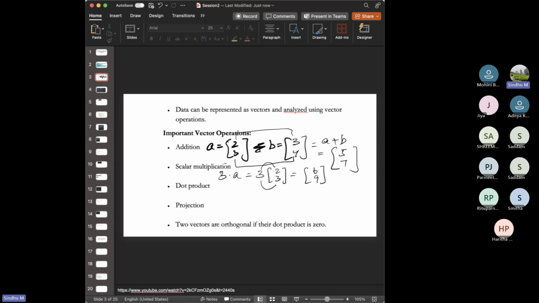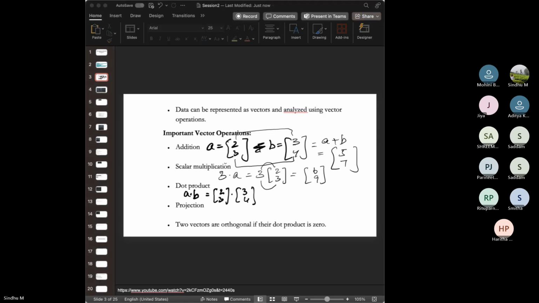And the third operation is dot product. So this will be a dot b. Here you just have to multiply the corresponding terms.